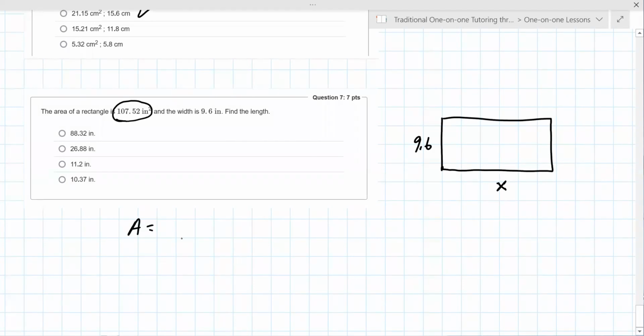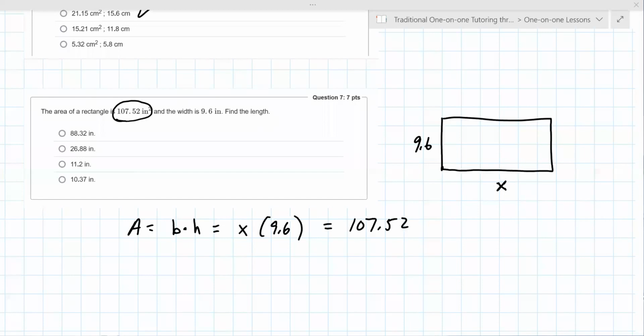What's the area of a rectangle? It's base times height. And what's the base? It's X. What's the height? 9.6. And what does this equal? 107.52. Okay, so how do you undo multiplication by 9.6? You divide.